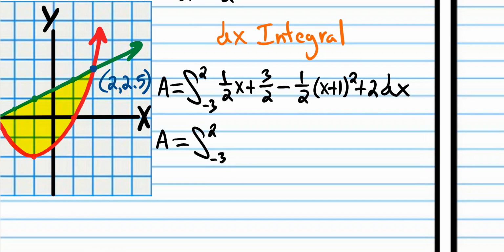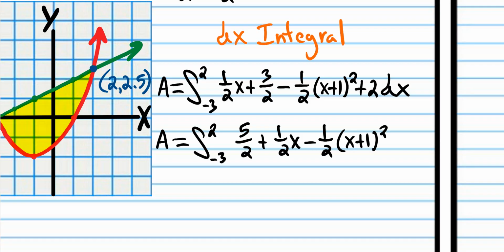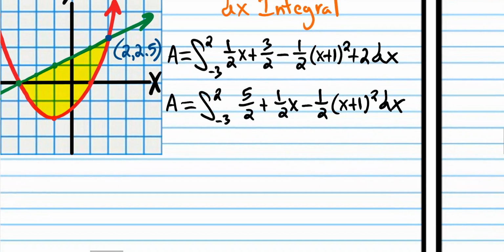So first let's add 3/2 and 2. Those are like terms. So that's going to be 5/2. And it seems like it would be a lot of work to expand that expression there, so I'm just going to leave it the way it is. Actually, that should be 7/2, I believe.